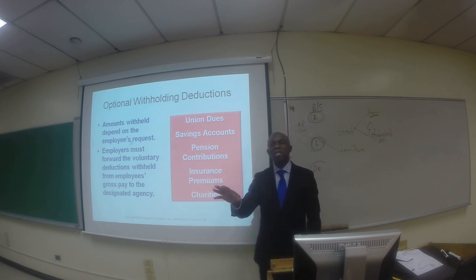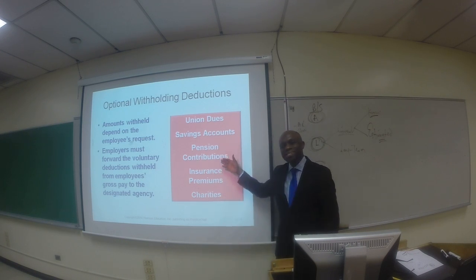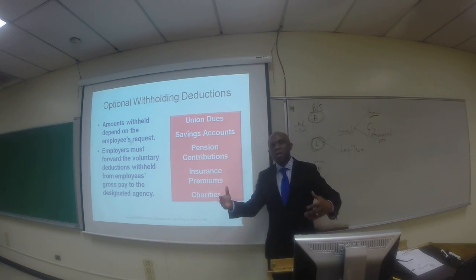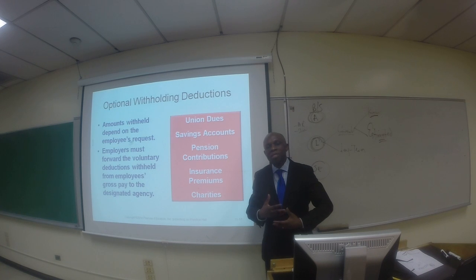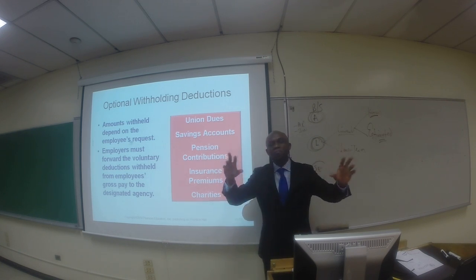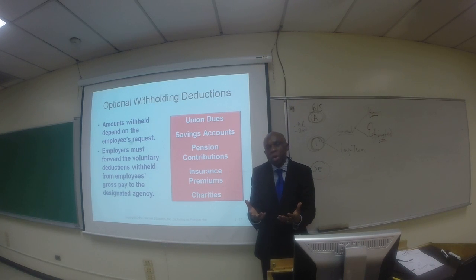The most important thing that I want you to know here, or the second most important thing, is that these deductions from your company's standpoint are obligations or liabilities. They are usually current liabilities because those withholdings are usually sent to the respective parties within a year, usually in a month or less.